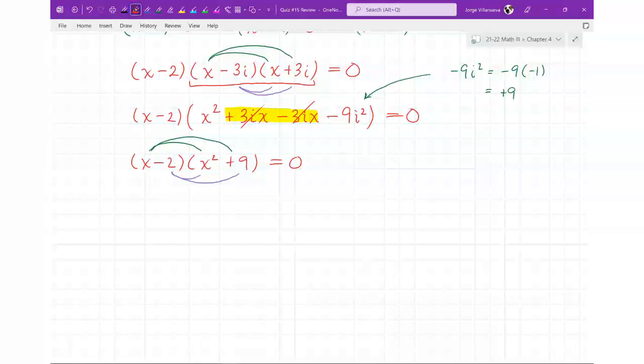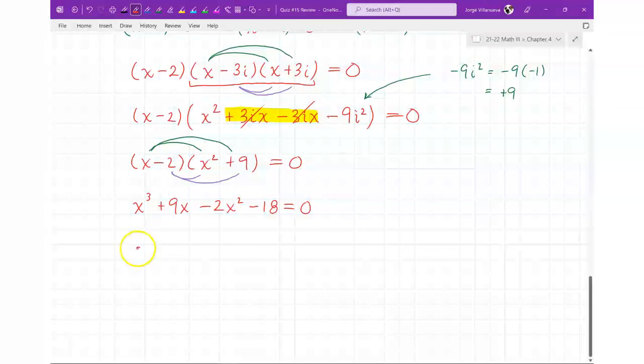Okay. So, all right, x times x squared, that's x cubed. And then x times 9, that's plus 9x. Now negative 2 times x squared is negative 2x squared. And negative 2 times 9 is negative 18. Now all you got to do is write this in standard form, meaning go from highest power to lowest power.